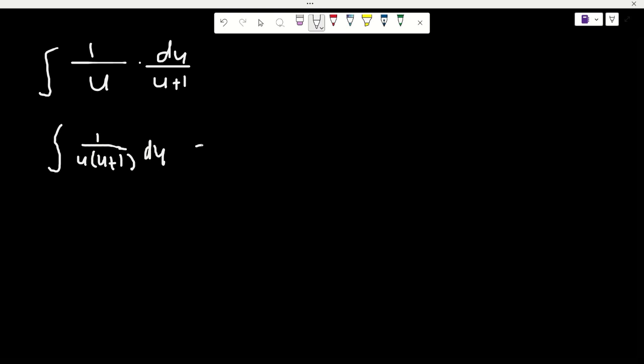We can say that this integrand, 1 over u times (u plus 1), is equal to constant a over u plus constant b over u plus 1.